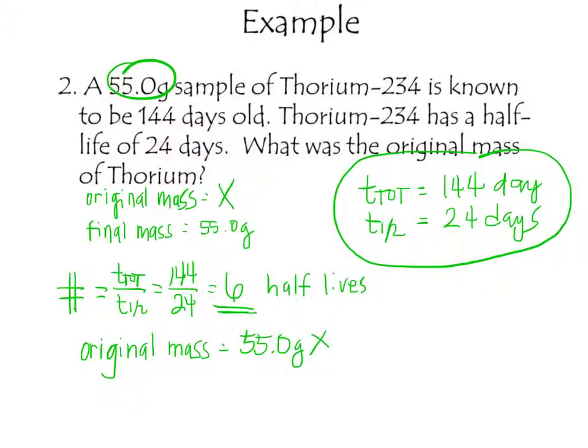So 55.0 times 2 times 2 times 2 times 2 times 2 times 2, and that equals 3,520 grams. That was our original mass of thorium, and it underwent 6 half-lives to give us 55 grams left.